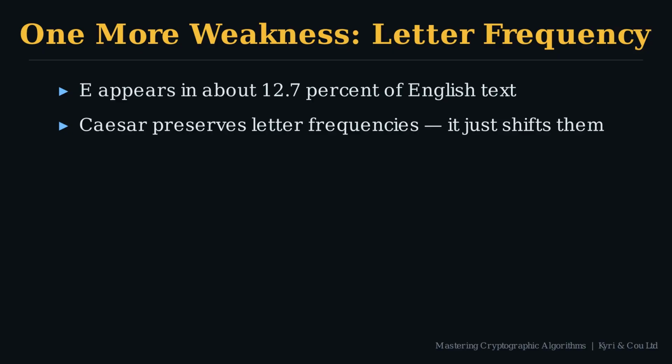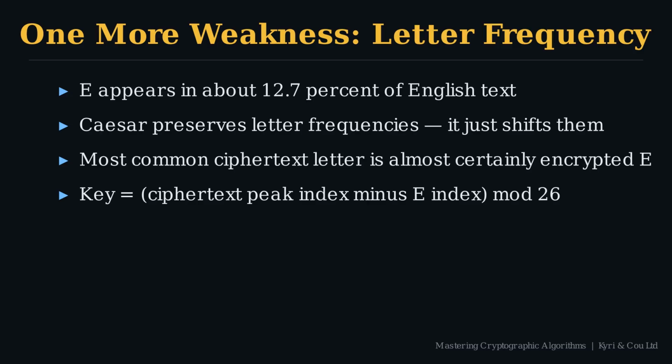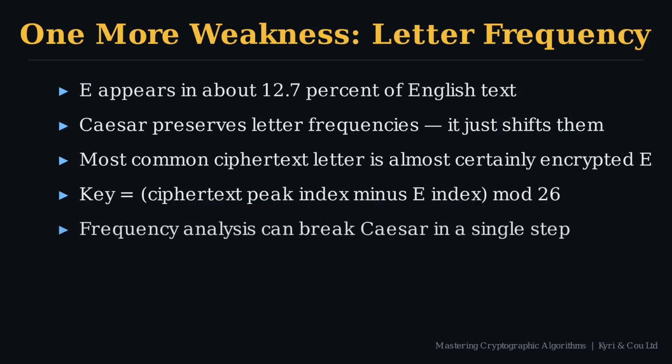If E is the most common letter in English, then the most common letter in Caesar encrypted English is the encryption of E. An attacker counts letter frequencies in the ciphertext and identifies the peak. The peak is almost certainly the encryption of E. The key is then just the difference between the ciphertext peak index and E's index, modulo 26. No brute force, no guessing, one calculation. Frequency analysis can break the Caesar cipher in a single step, even faster than brute force.